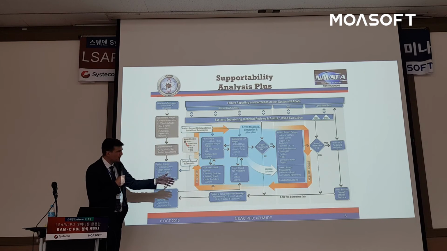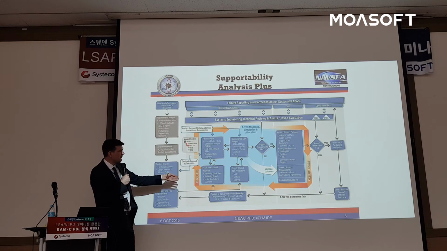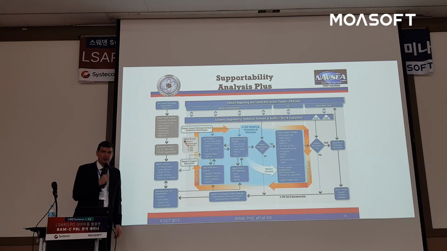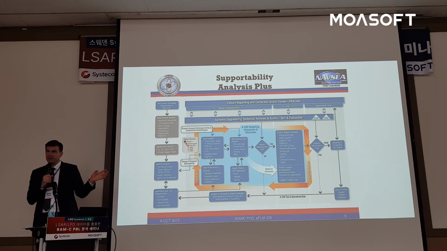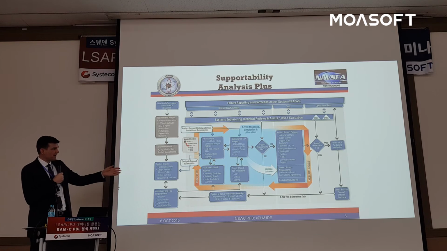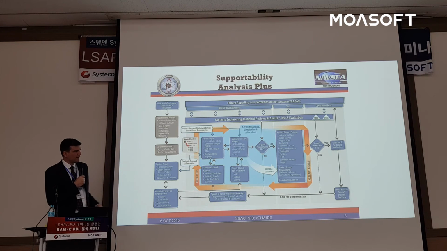All that has to be done, of course, but then we have this orange line and the blue box there. It says ATOC, modeling, simulation, and allocation. So ATOC is availability and total ownership cost. And then it says trade-offs and design influence.